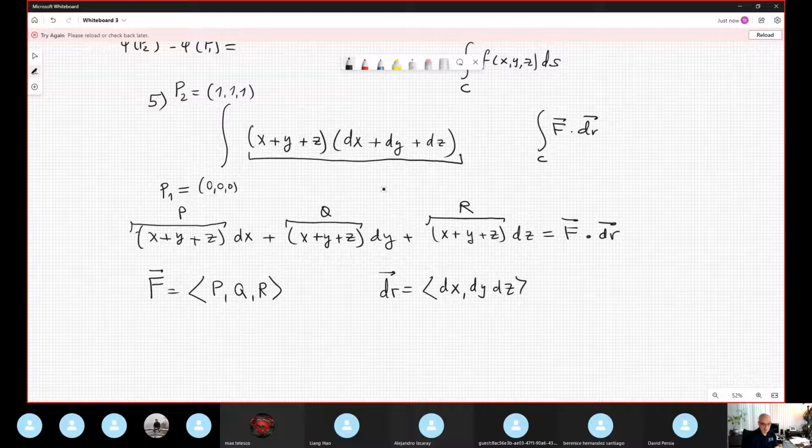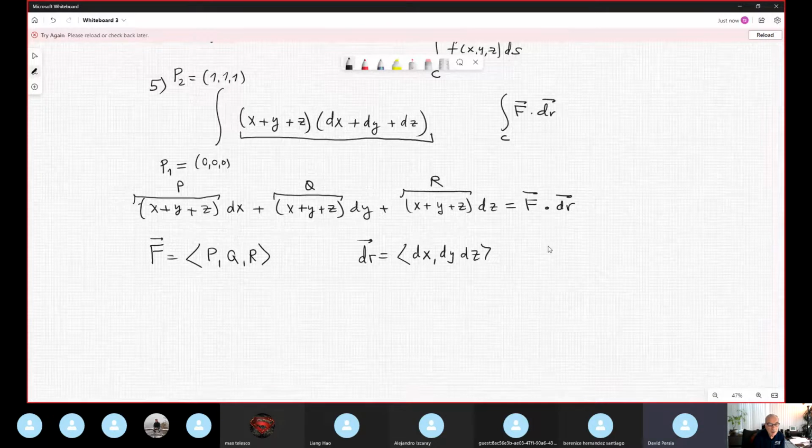You see or no? So how do you find the vector field? Okay, this is how this line integral comes. You follow me?